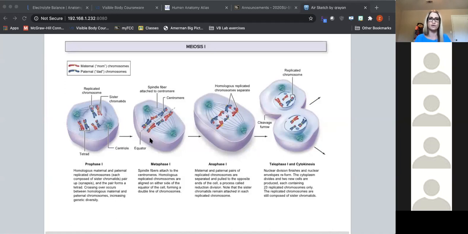Having extra chromosomes in humans is not favorable. That's not a good condition. We know that just having a single extra chromosome can have significant consequences. Sometimes it can be fatal.